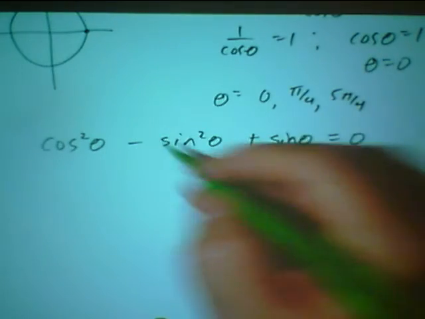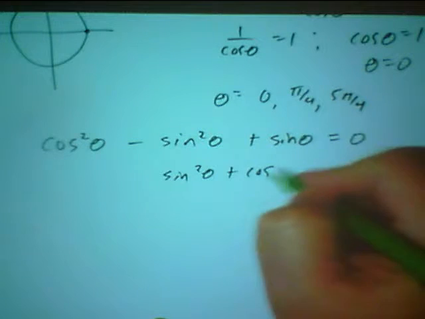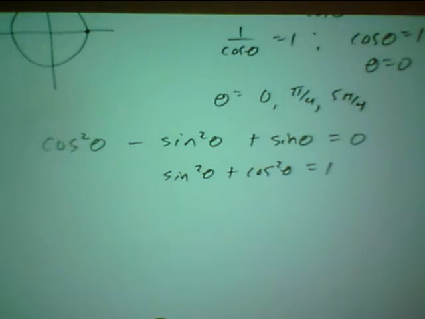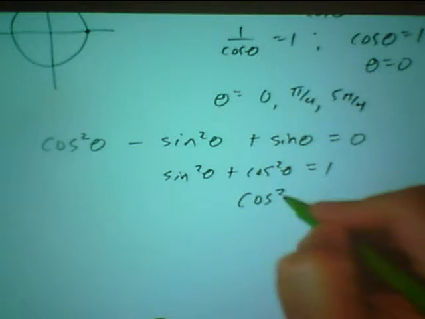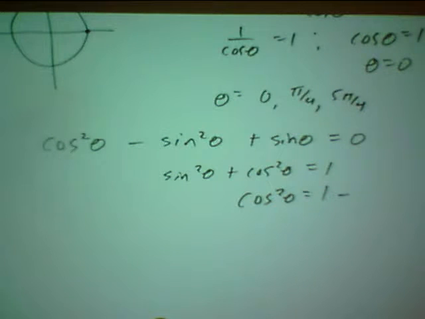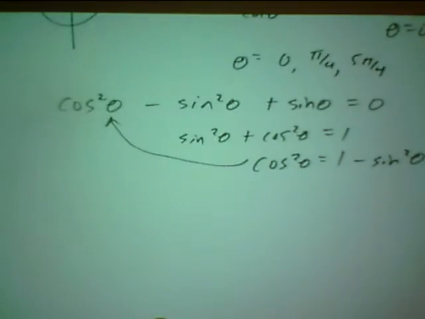And then I remember this identity that is probably used the most out of all of them. Sine squared plus cosine squared equals 1. If I solve this for cosine squared of theta, it's 1 minus sine squared of theta. Let's substitute that in for this right here.